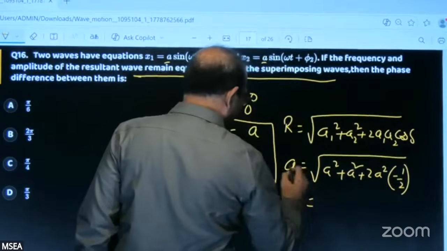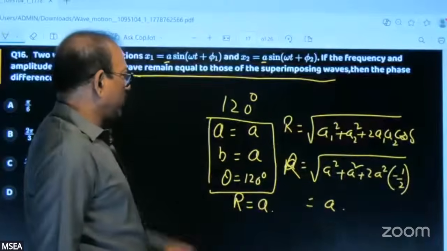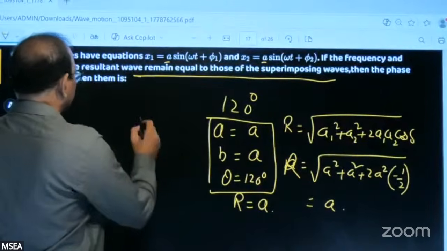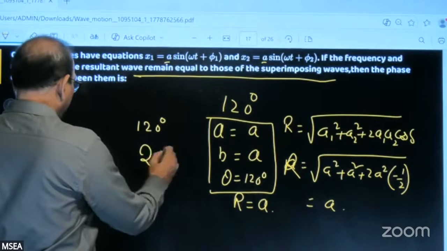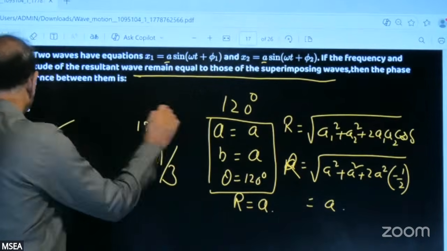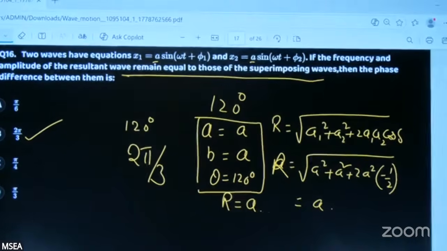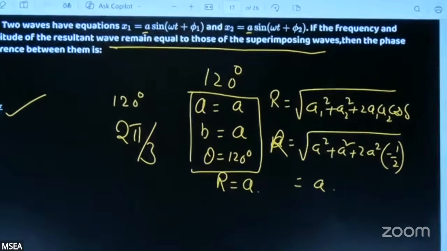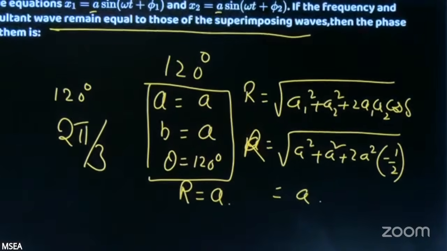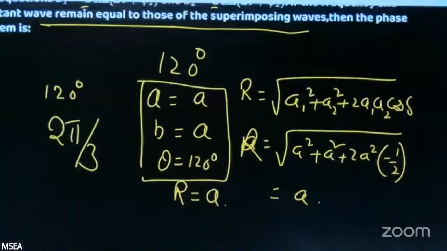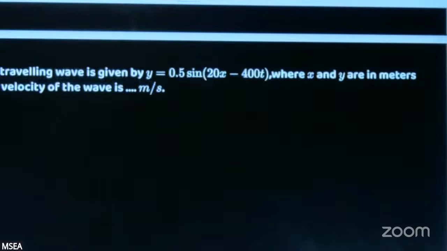The 2 cancels, and you'll get resultant amplitude A only if it is 120. So their phase difference is 120 degrees, 2 pi by 3. Next.